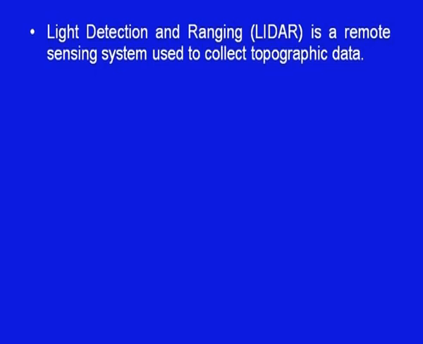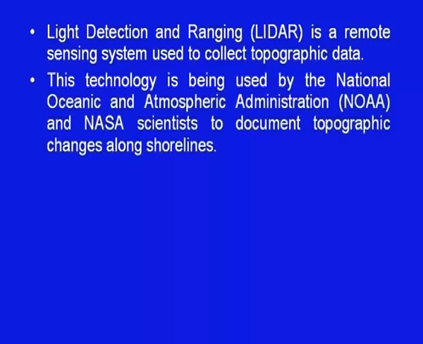Light detection and ranging, that is LIDAR, is a remote sensing system used to collect topographic data. This technology is being used by NOAA and NASA scientists to document topographic changes along shorelines.